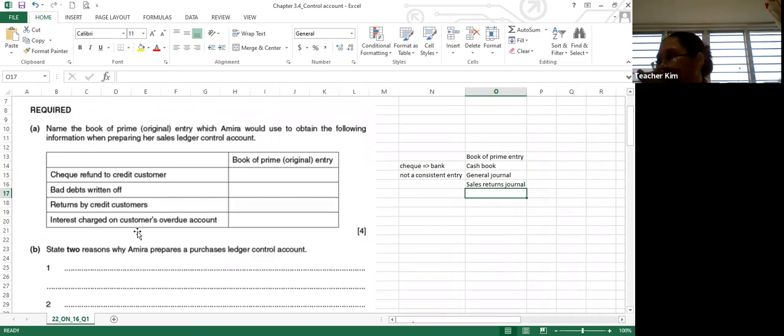Interest charge on customer overdue will be the general journal. So this is the answer for A.